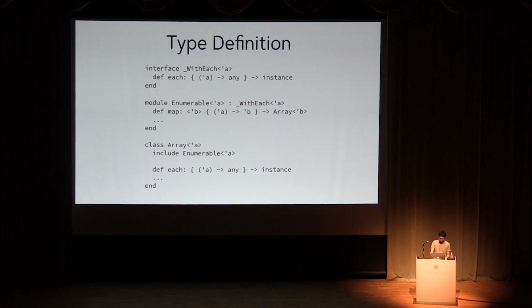And this is an example of another interface. We can have another interface with an each method, and it accepts a block as an argument. So we can write a polymorphic method like this. And to use modules, we can write something like include.